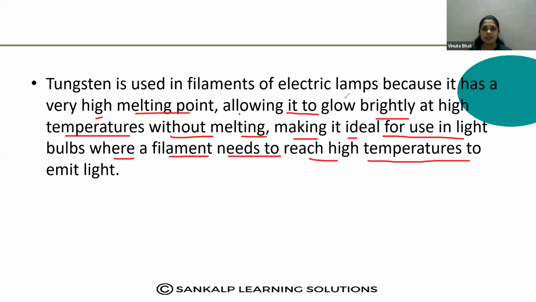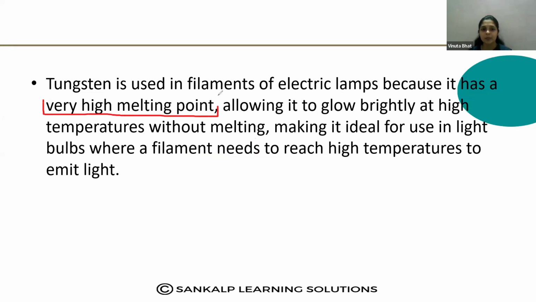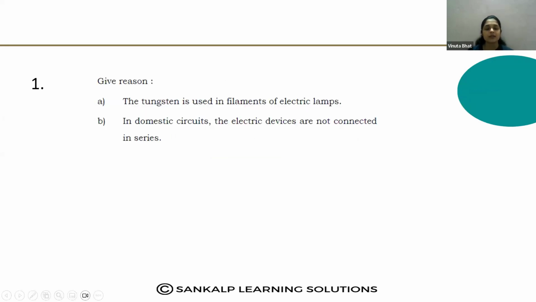So the tungsten has a very high melting point. This is very important. Because of this reason, it is used in different electric lamps.